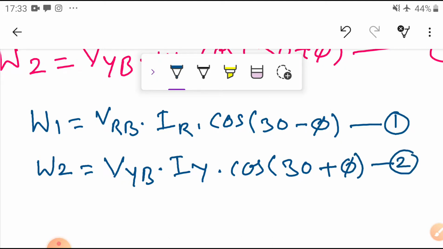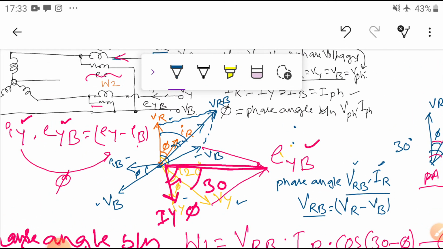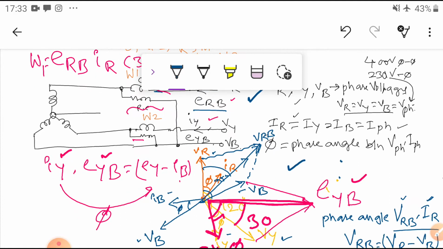So two equations are drawn from this vector diagram. This vector diagram is drawn based on our circuit diagram. Okay, as an electrical student, you should know what the circuit diagram is, what the vector diagram is, and how we have drawn it. I think you have understood clearly.